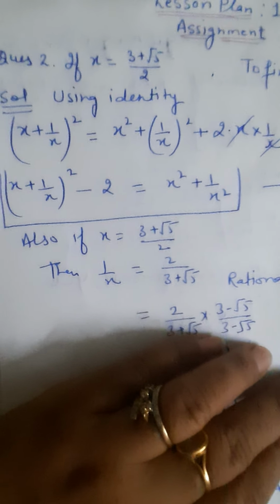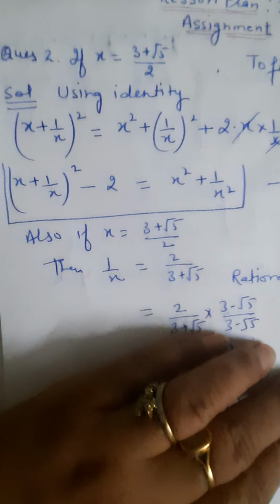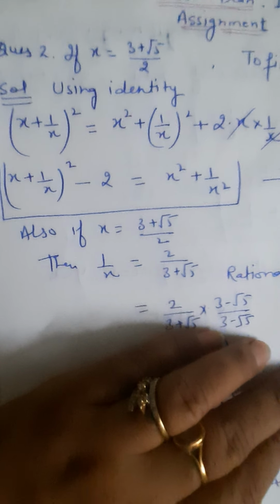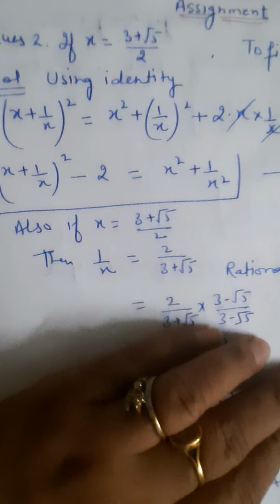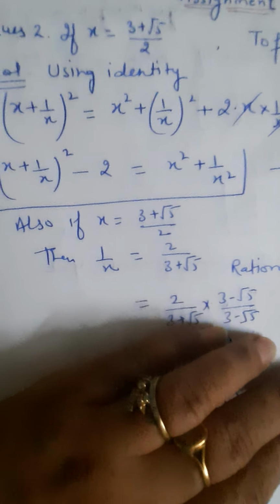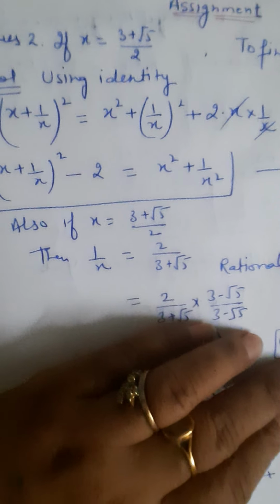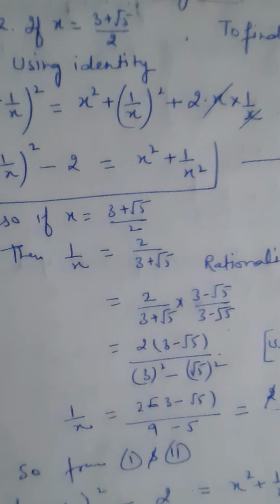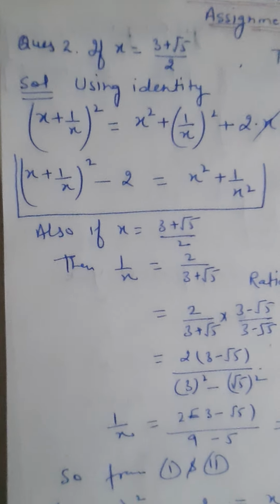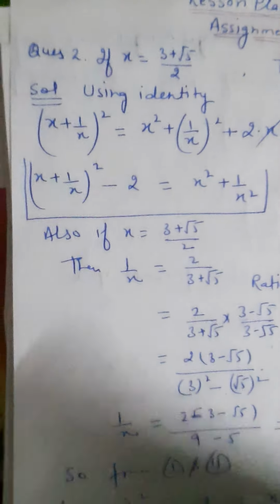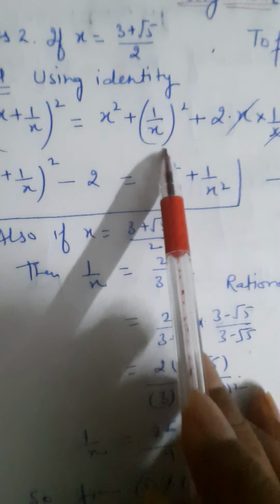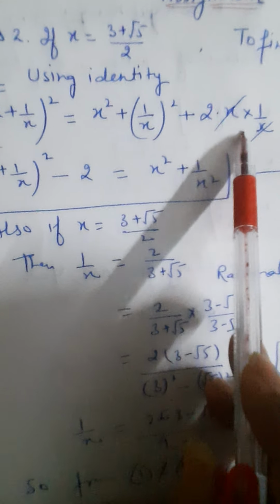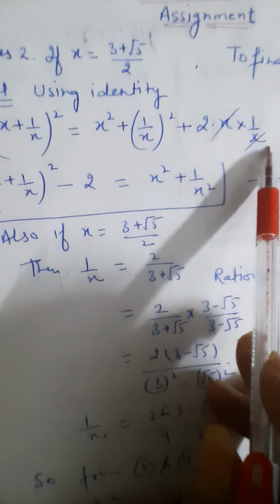First of all, always we use identity. As we know, for x square plus 1 by x square we will require x plus 1 by x. So I am just using the identity: x plus 1 by x whole square is equal to x square plus 1 by x square plus 2 into x into 1 by x.